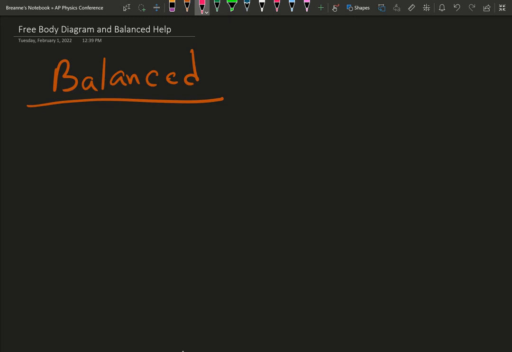That means that your net force, now remember, net force is all the forces added up together. You might also see it written as the sum of the forces. Those mean the same thing.